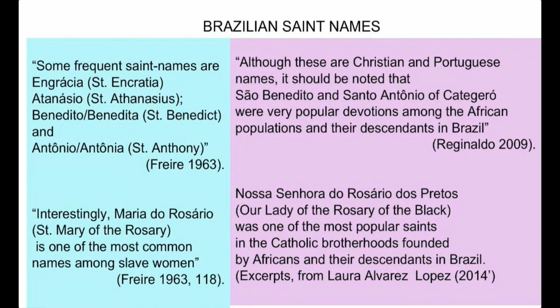But Brazil today is the country with the greatest catalog of saint names, and some of them are listed here by Laura Alvarez Lopez, who does research into Brazilian names. We can see that there are many saints, and the saint names were far-reaching, because if you were born a twin, there were certain twin saints whose names you would have, and so forth and so forth. So there are many.